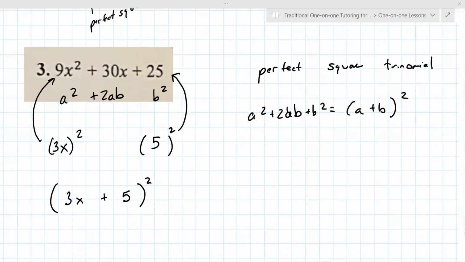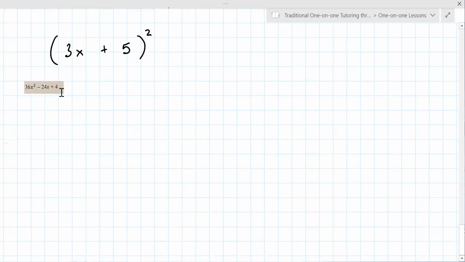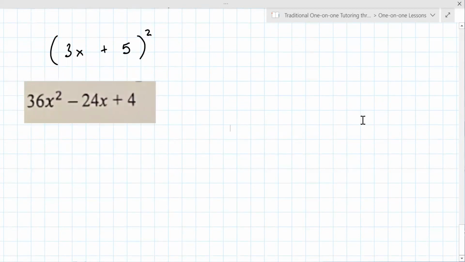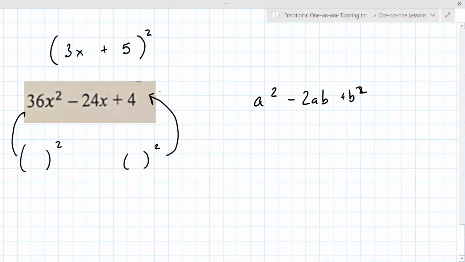Okay, I got it. All right, so this one is also a perfect square trinomial. It's a squared minus 2ab plus b squared. You want to figure out what squared gets you back to this, and then what squared gets you back to this.